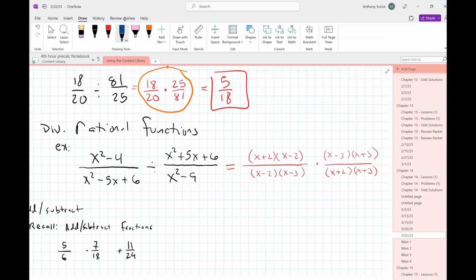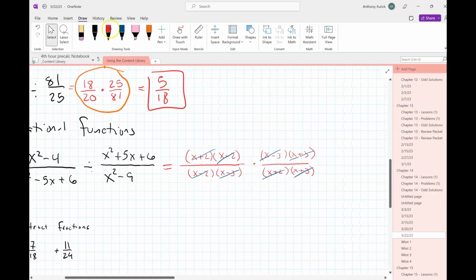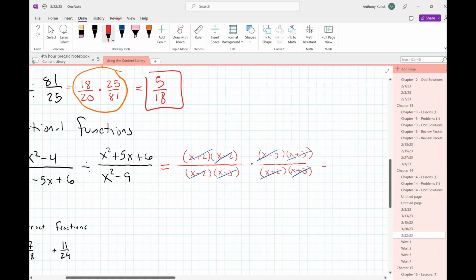Okay. So now we're going to reduce. So x minus 2 is canceled. X minus 3 is canceled. X plus 2 is canceled. And x plus 3 is canceled. Oh, everything is gone. What's this equal then? 1 is correct.